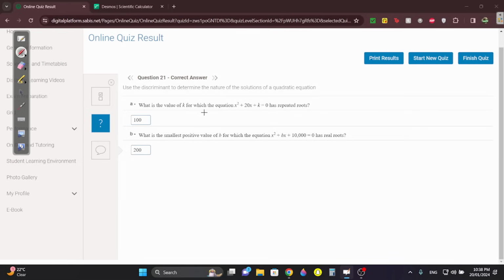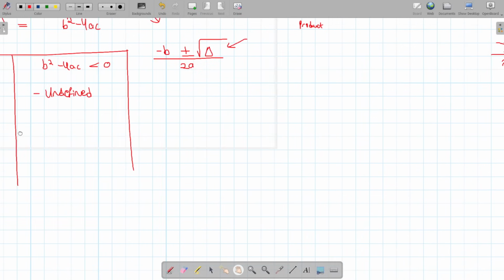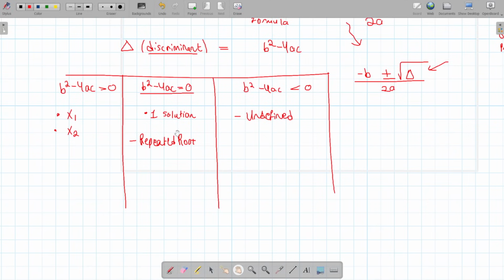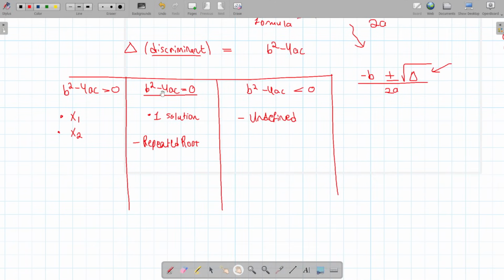Okay, for what value of k would this quadratic equation have repeated roots? If you remember, repeated roots means it's the same number, it's one root. Remember the 3 cases I gave you: when will it have one solution or repeated root? When b squared minus 4ac equals 0.